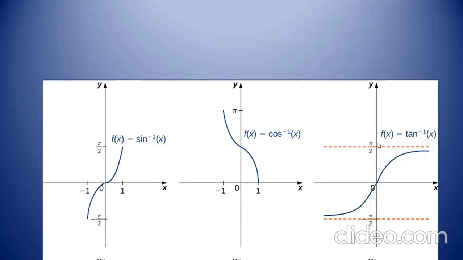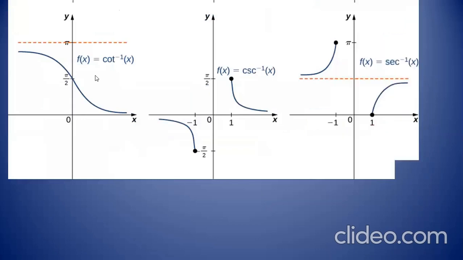And look at the function tan inverse x. Its domain belongs to R and the range is from minus pi by 2 to pi by 2. Similarly, we can easily locate the other inverse trigonometric functions. Look at cot inverse x. Its domain belongs to R and the range is between 0 and pi.